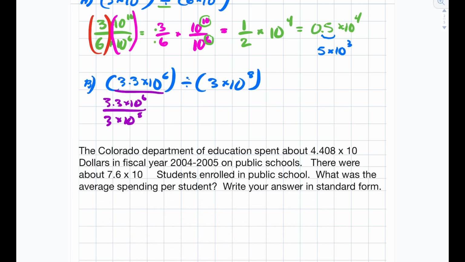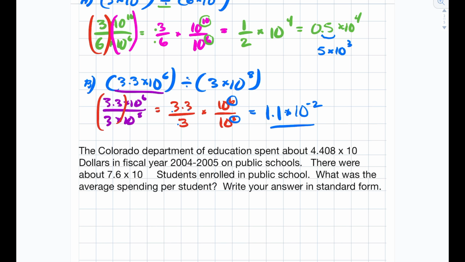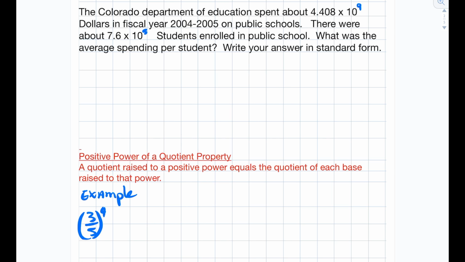We want to break this up into two different division problems. 3.3 divided by 3 times, and then we got 10 to the 6th power divided by 10 to the 8th power. And 3 goes into 3 one time, and 3 goes into this 3 one time. 1.1 times 10 to the 6, take away 8, is -2.